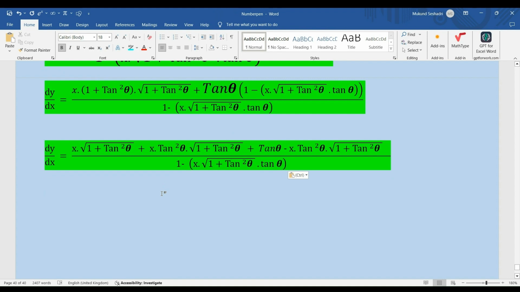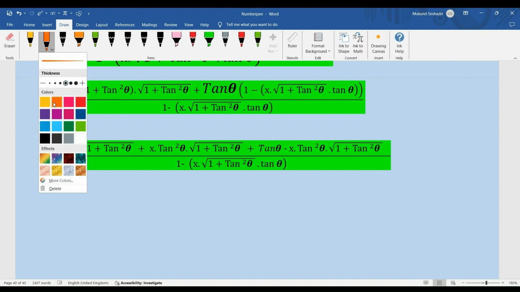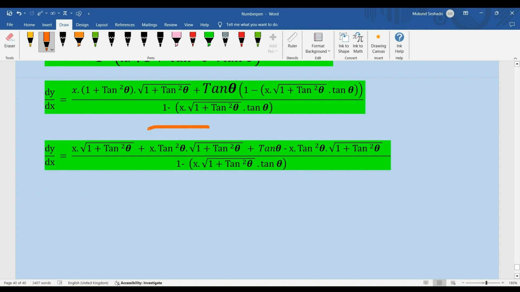I know that I have an opportunity to cancel out some terms. Let me take out my pen. I can cancel out this term with this term, right? Which is nothing but x times tan square theta square root of 1 plus tan square theta, right?